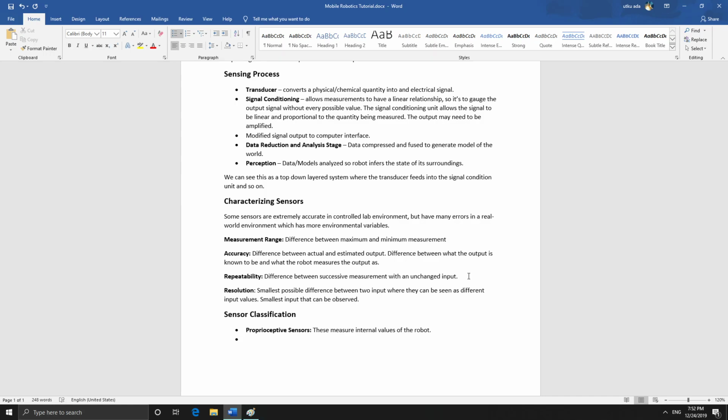And then we've got exteroceptive sensors, these measure external values, so values from the environment of the robot.